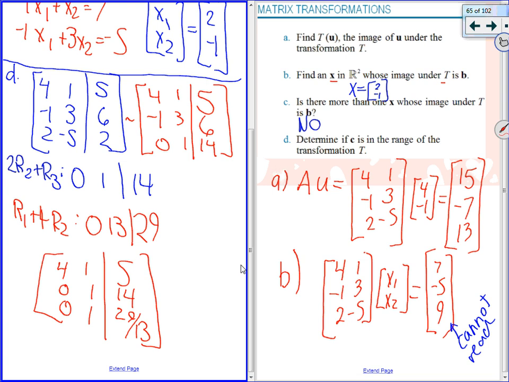And then, when you subtract, do you see how you're gonna get a row that has 0, 0, non-zero? Okay, so that's the matrix way of me saying this is going to be an inconsistent system.